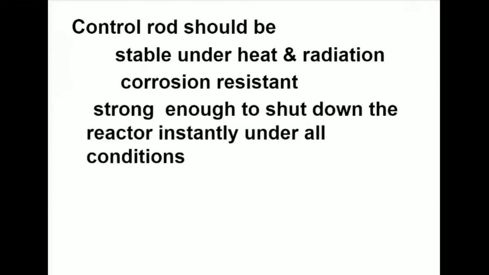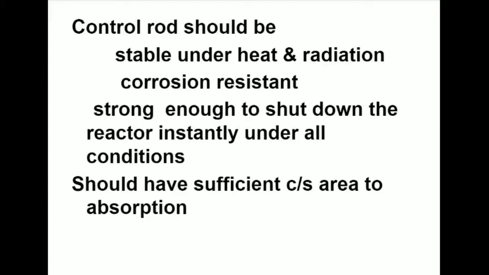Control rods should be stable under heat and radiation. They should be corrosion resistant, strong enough to shut down the reactor instantly under all conditions. They should have sufficient cross-sectional area to absorb the neutrons.